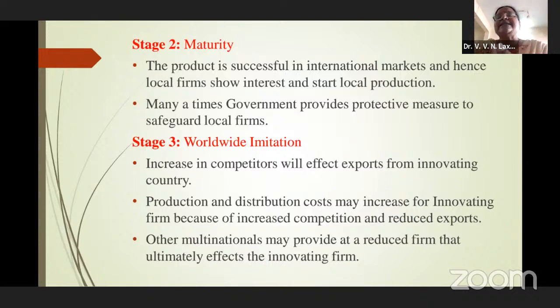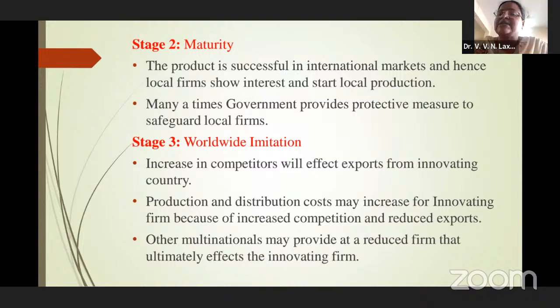This will increase the number of competitors that the innovating firm has, either in the innovative country or in the other overseas markets. Because of this increased competition, sales might become stagnant. That is, there will not be an increase in the sales. At the same time, the production and distribution costs for the innovative firm might increase.